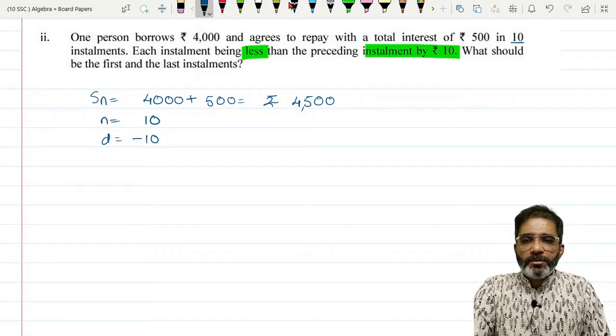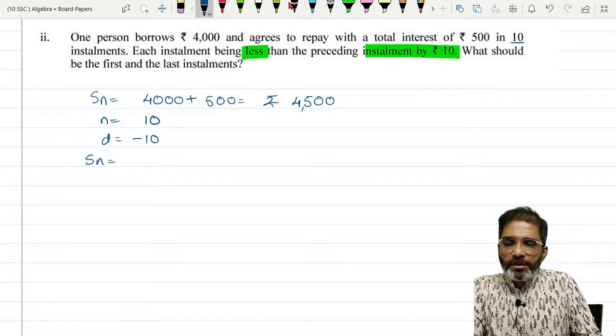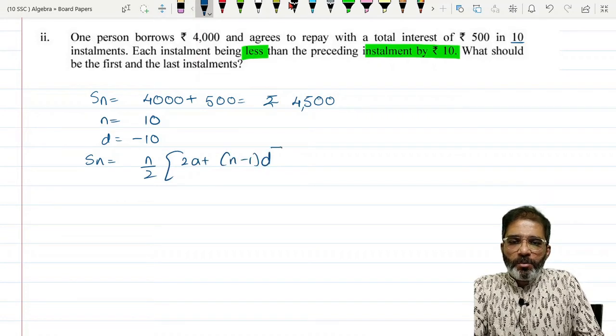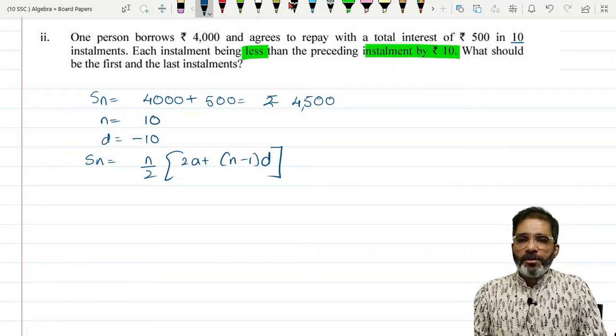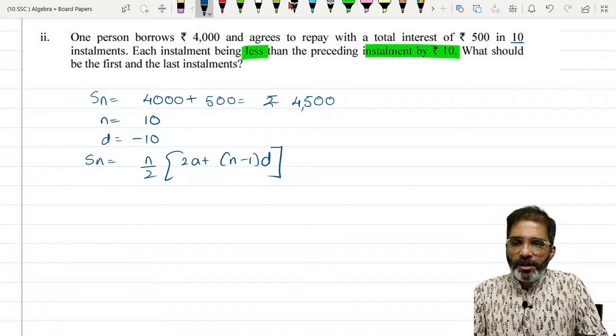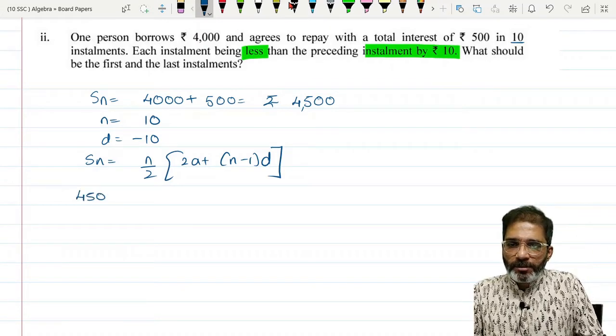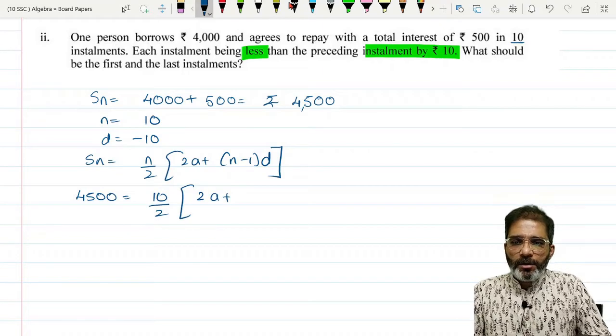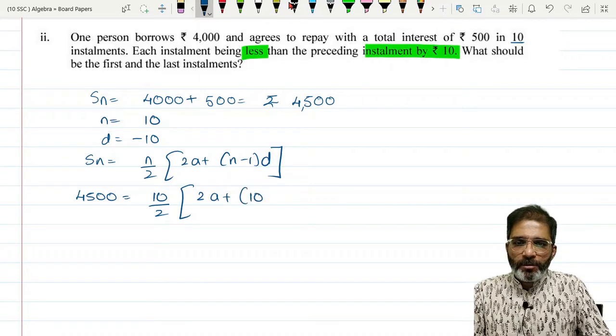Now you have to use the SN formula. SN equals n upon 2 into 2a plus n minus 1 into d. We have all the values except the value of a. So 4500 equals 10 upon 2 into 2a, where the number of terms, that is the number of installments, is 10, and d is minus 10.